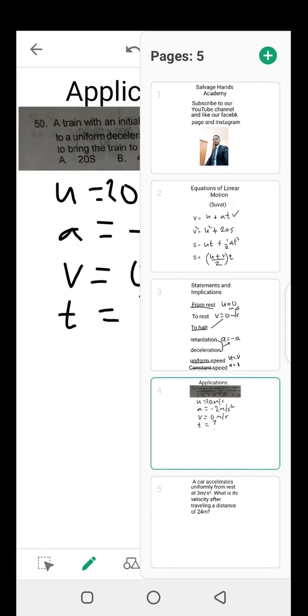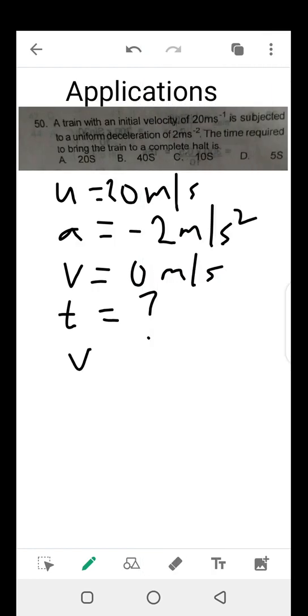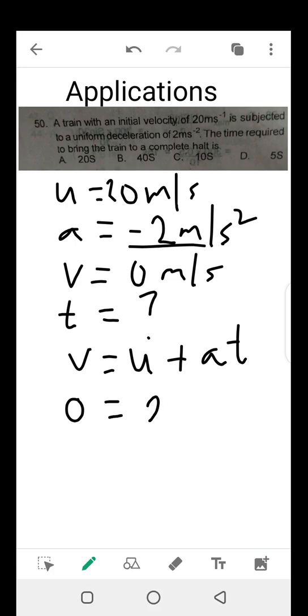So let's go back there. We have V equals U plus AT. We know that our acceleration is negative, and our U is 20. If you make the substitution, V equals 0, and U is 20 meters per second, so 0 equals 20 plus minus 2T.